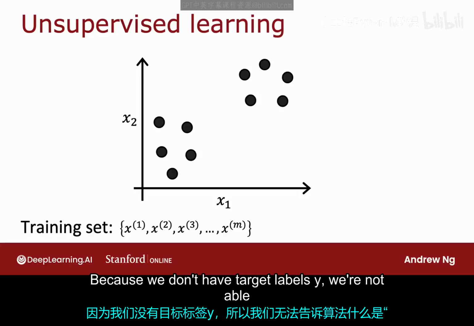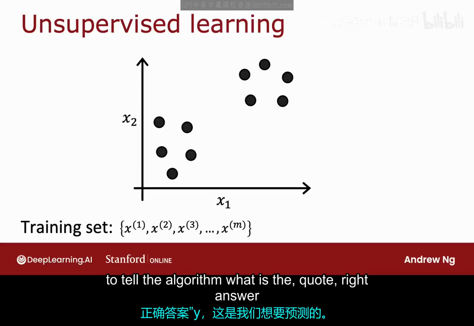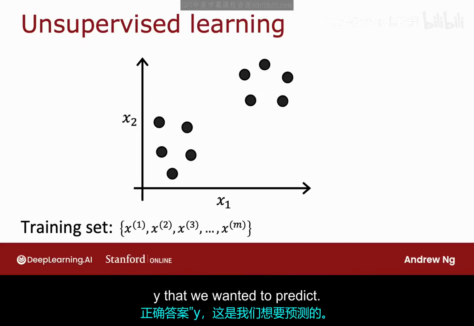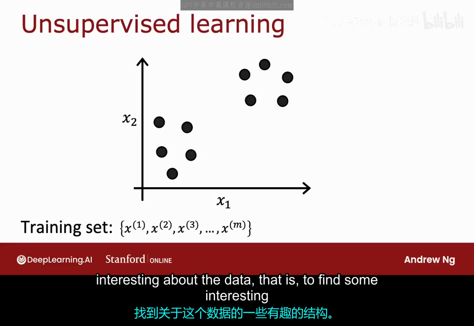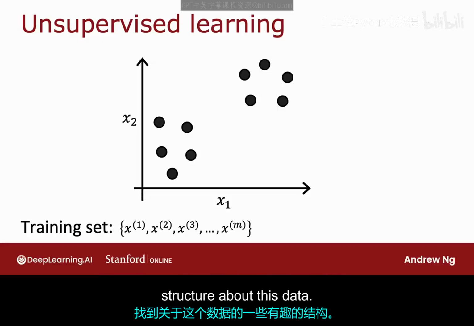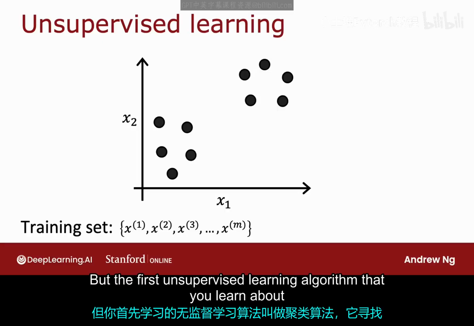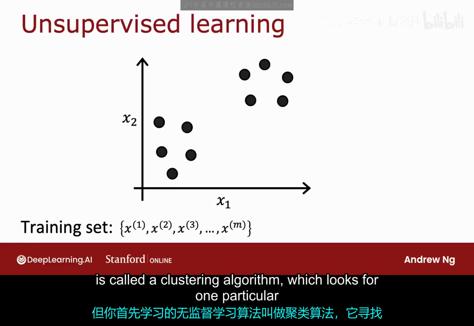Because we don't have target labels y, we're not able to tell the algorithm what is the, quote, right answer y that we wanted to predict. Instead, we're going to ask the algorithm to find something interesting about the data, that is, to find some interesting structure about this data.